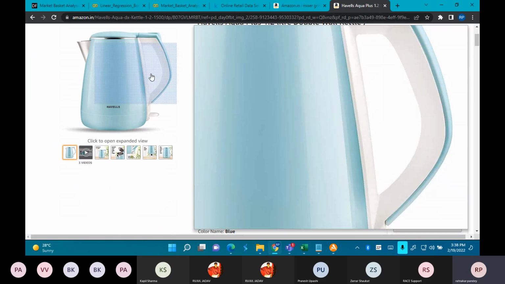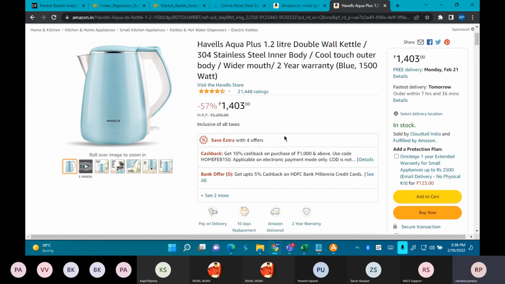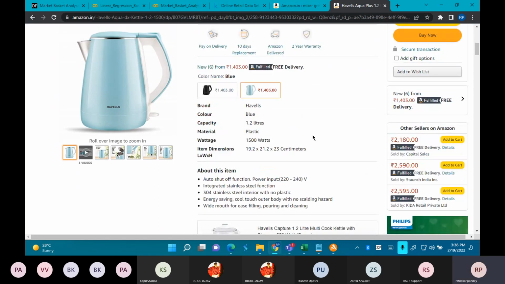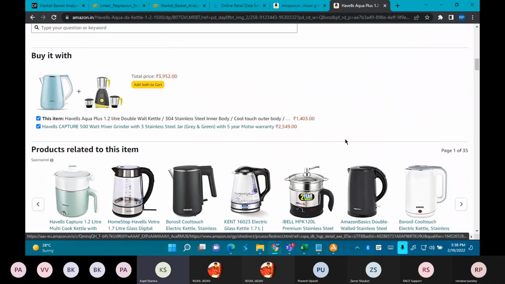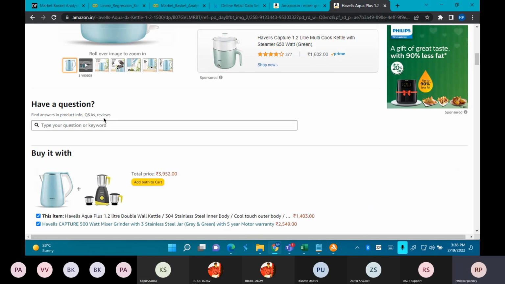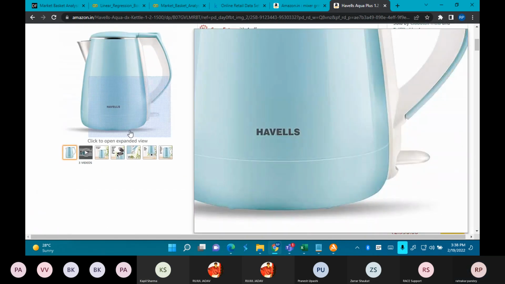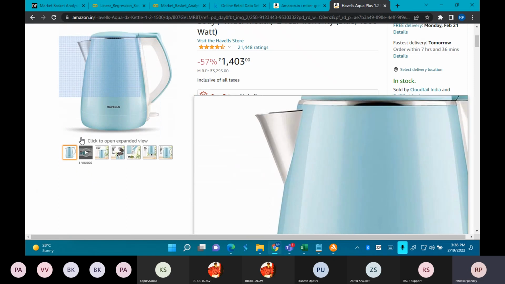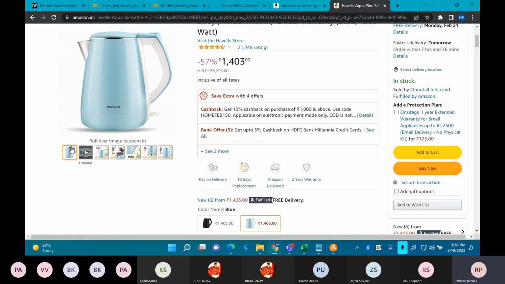Now let's see what they're recommending for this. What do you think will be the recommendation here? Let's see. Mugs. So imagine you're coming in to buy a hot water kettle, and they're saying buy a juicer or a mixer grinder along with that, because people are setting up their kitchen or whatever might be happening.